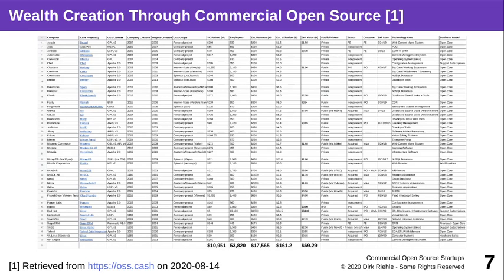Here, based on oss.cash, where you can find this spreadsheet, we can see that lots of startups have become unicorns, suggesting that a commercial open source strategy is actually helpful to achieve that status, or basically just to be a successful company with successful exits, warranting the initial investment by venture capitalists into the software product startup, into the vendor.